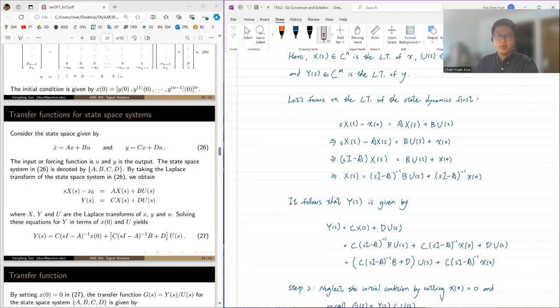Then if we substitute this expression for x of s into the Laplace transform of the output equation, we will get y of s equals C times the inverse of sI minus A times B times u of s plus C times the inverse of sI minus A times x of 0 plus D times u of s. Or equivalently, C times the inverse of sI minus A times B plus D, times u of s, plus C times the inverse of sI minus A times x of 0.